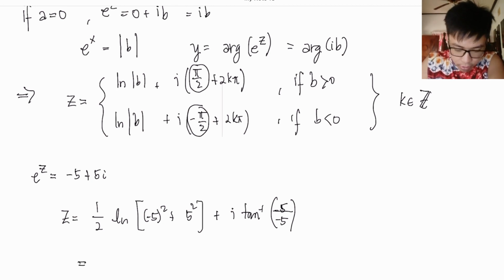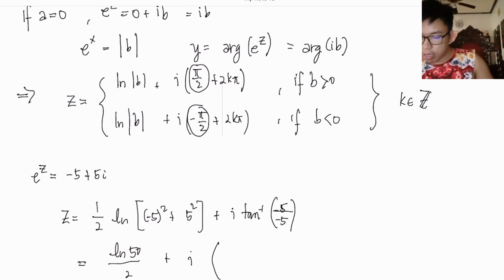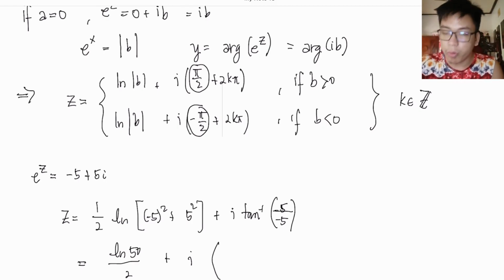This is actually 50, so I have ln of 50 over 2 plus i. And remember, tangent inverse of 5 over negative 5 is technically tangent inverse of negative 1, so that's negative pi over 4.